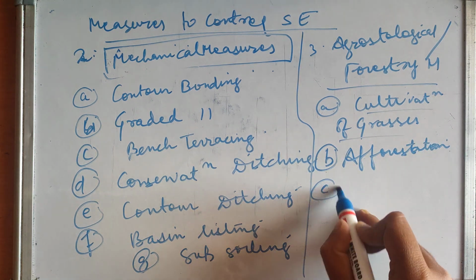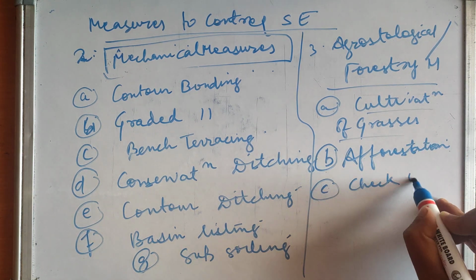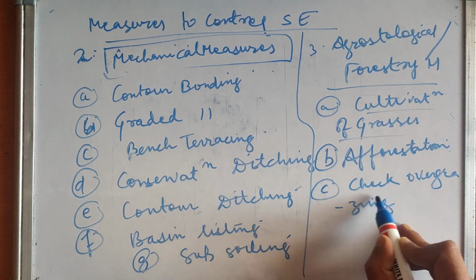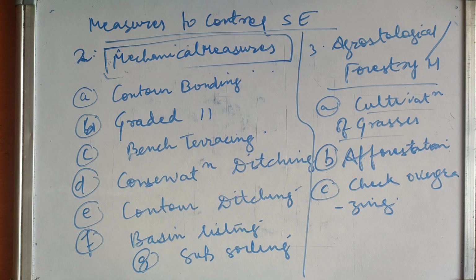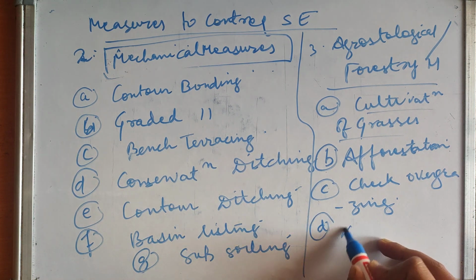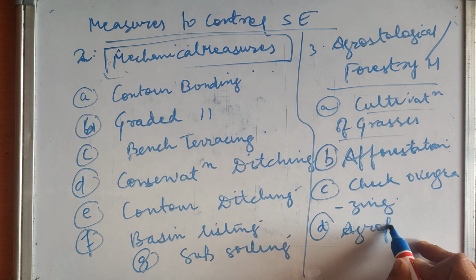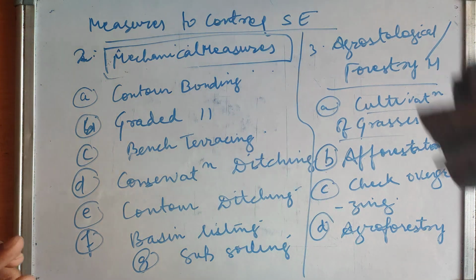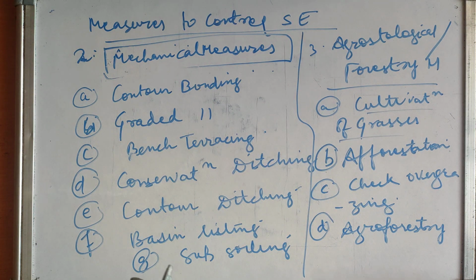We need to check overgrazing. We need to do agroforestry. So these are the measures through which you can control soil erosion. There is nothing rocket science in this. I hope you all understand this.